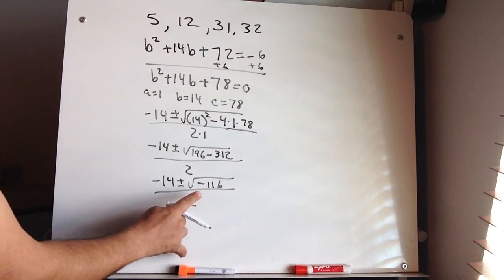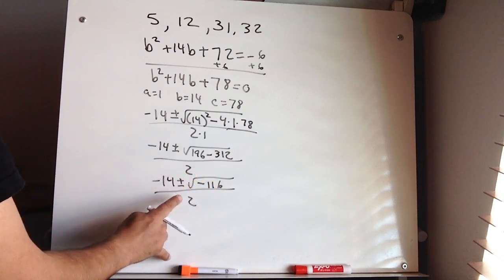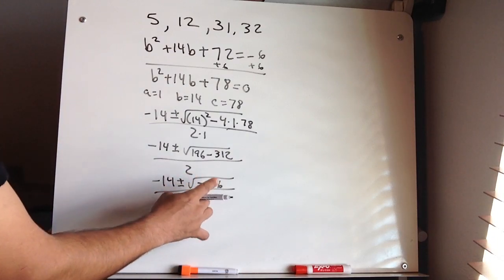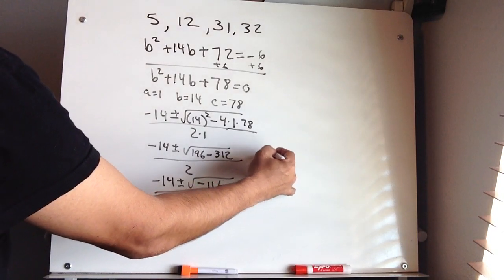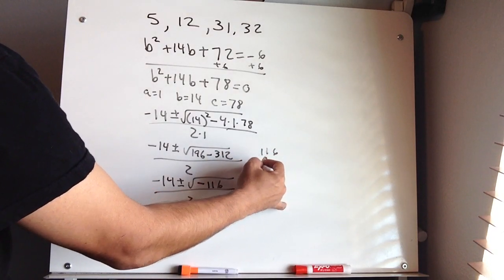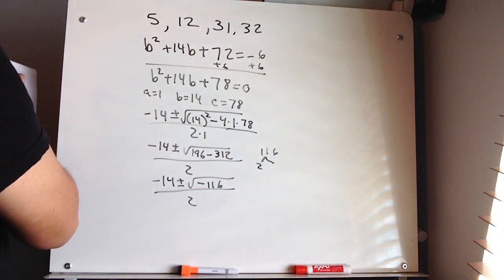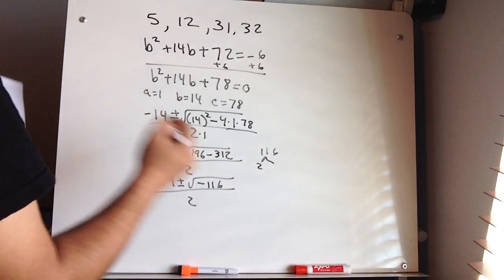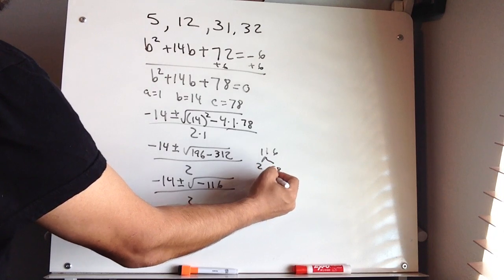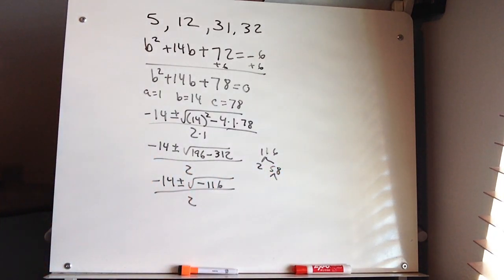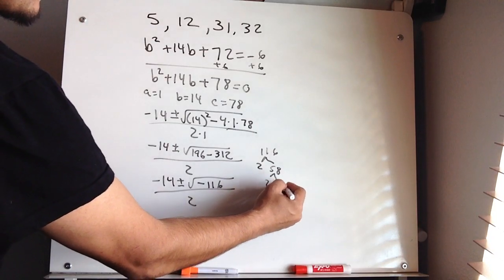Remember here we have to simplify. We have to see what goes into 116. Divide this by 2: 116 divided by 2 equals 58. But I'm not done there. Divide that by 2, we get 29.